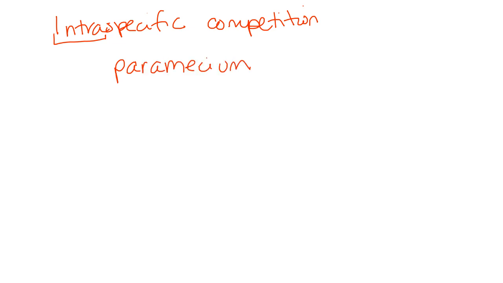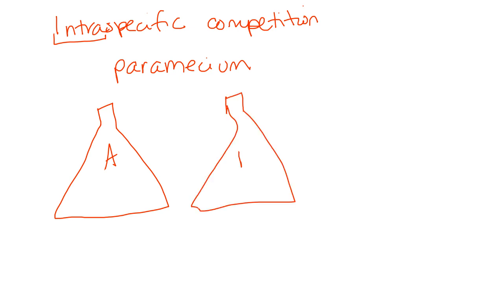Anyways, we've got two flasks of paramecium, flask A and flask B. They were started with just one or two paramecium in each flask. They're the same size, they were given the same amount of water, and the same amount of time to grow.